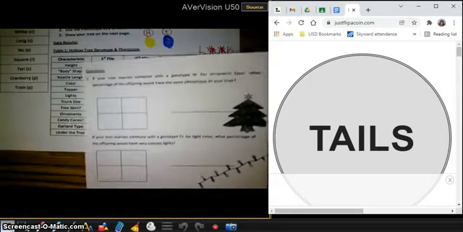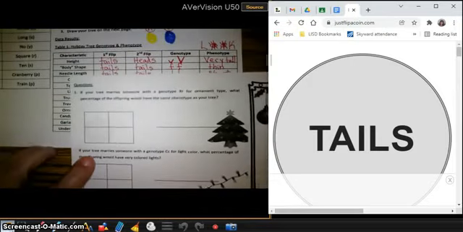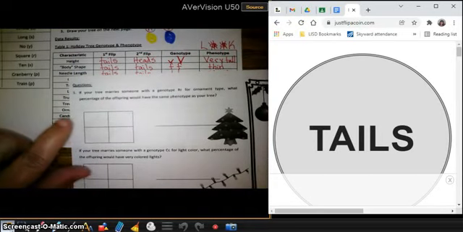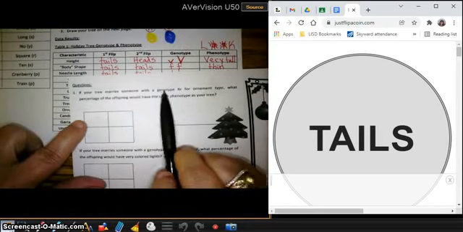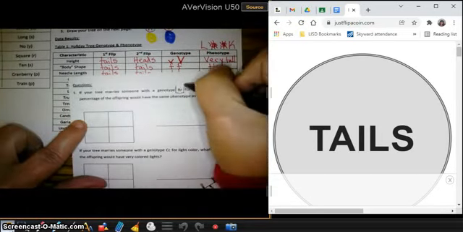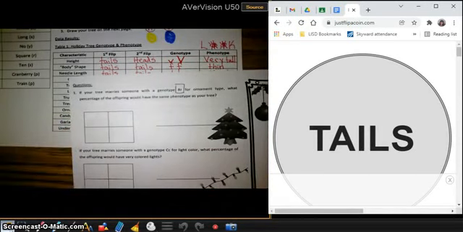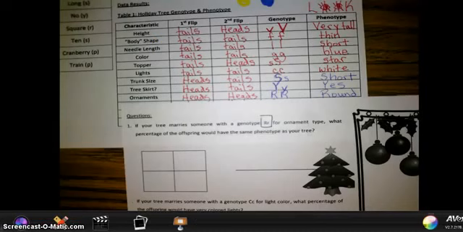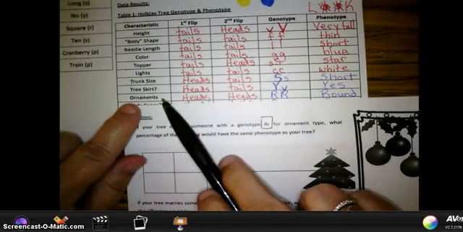The other part is the Punnett square. So it says, if your tree marries someone with a genotype of RR for ornament type, what percentage of the offspring would have the same phenotype as your tree? Okay, so we have to go back to our table, find ornaments.